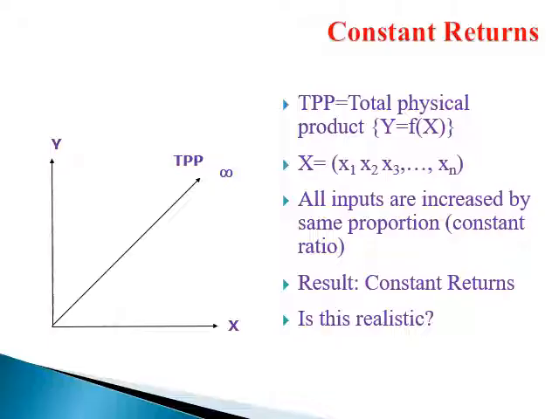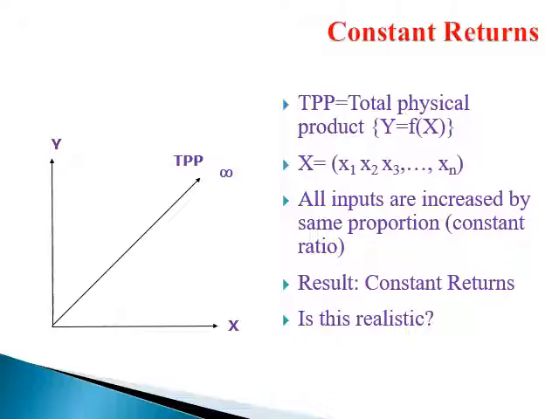Okay, as you can see here, the production function is assumed to be linear, stemming from the origin, which means that the x's here stand for all the x's. And as we said before in our class, it is impossible to have a production function that looks like that. TPP, or total physical product, is another name for the production function.